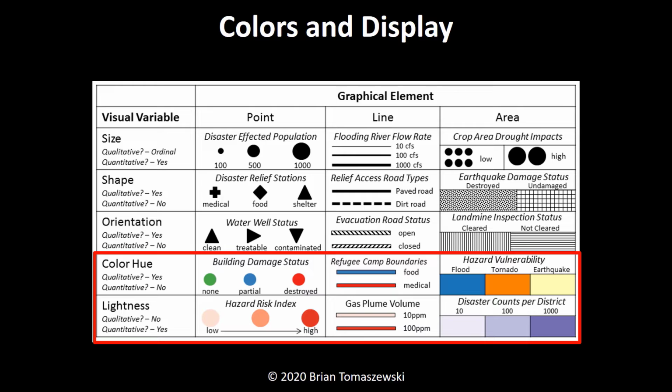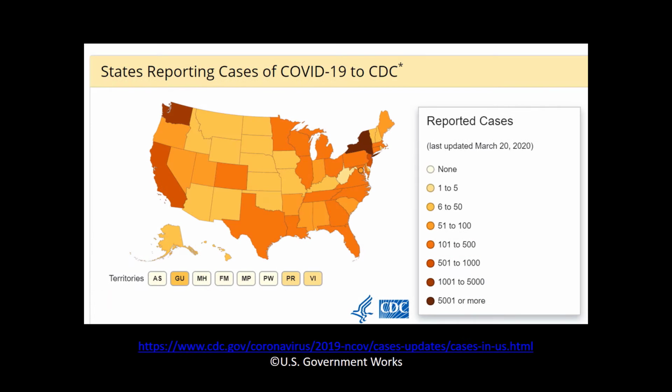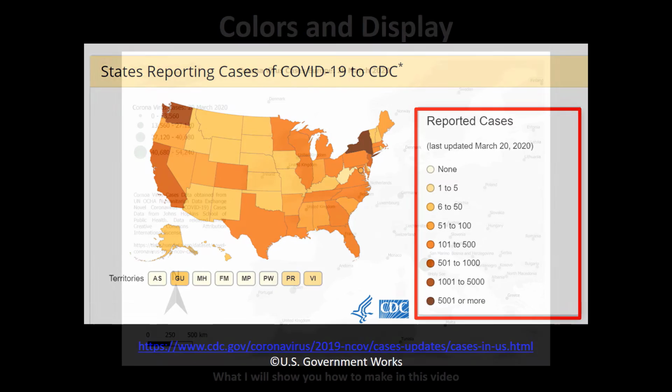For example, when you're showing quantities of data, you may go from a lighter shade of one color to a darker shade of another color. Again, if we revisit the CDC map and take a look at the legend, notice how the colors are going from a light shade of almost a yellow to a darker shade of brown to indicate the magnitude or quantity of cases that are being shown, as per the data classification scheme that's being used on this particular map.